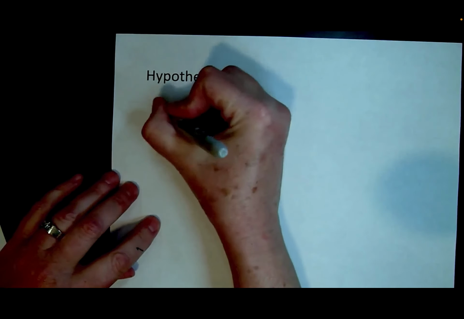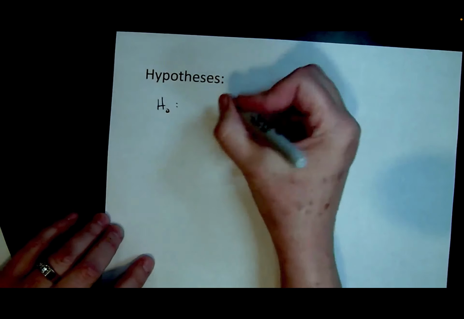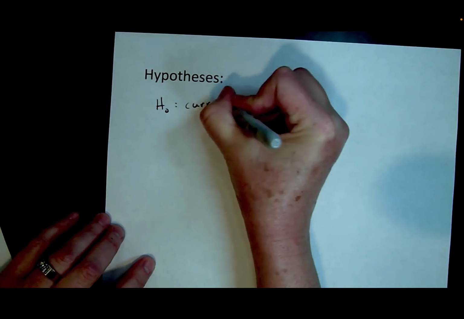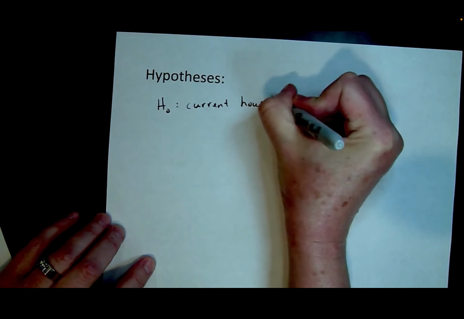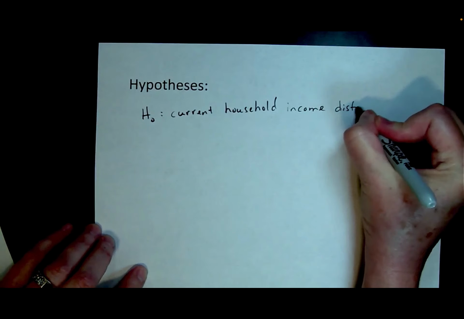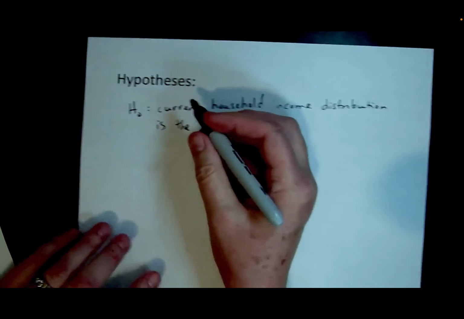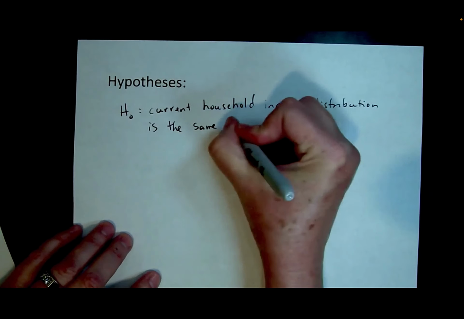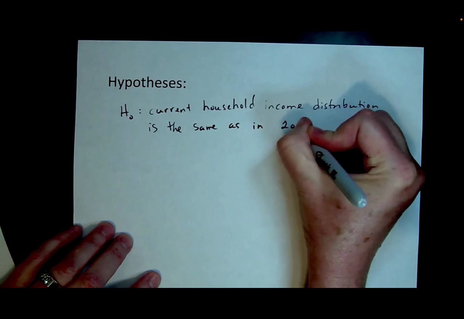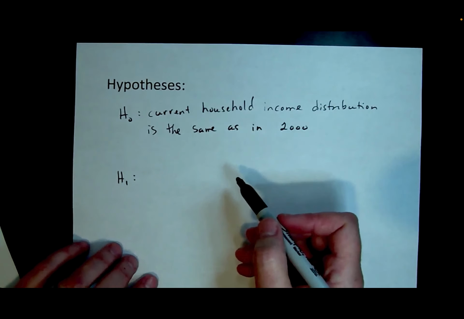Okay, so what are our hypotheses? Well, the null hypothesis is always that the distributions match, that they're in some sense the same. So our null hypothesis is going to be current household income distribution is the same as in the year 2000, and our alternate hypothesis is going to be that it's not the same.